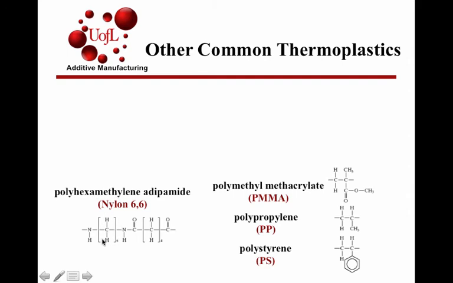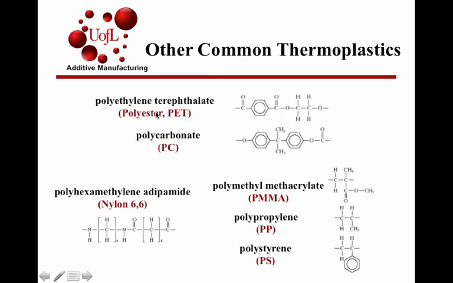There are 6 methylene groups, and it's also known as nylon 6,6. Polyesters begin to have the benzene groups not as a side group but part of the main chain. This is polyethylene terephthalate, or PET, and polycarbonate, another transparent polymer.